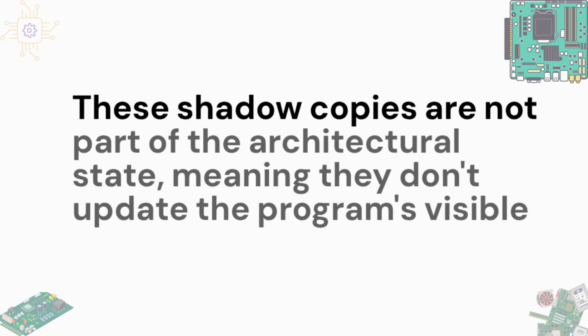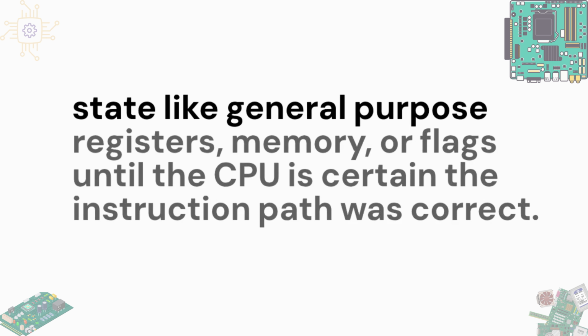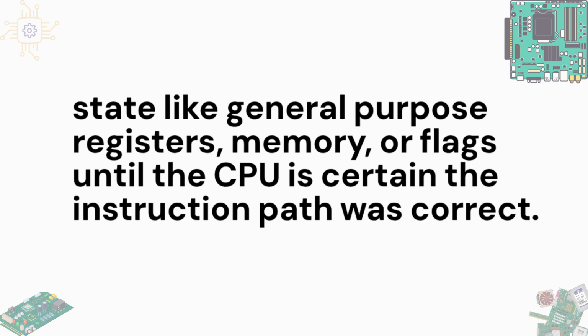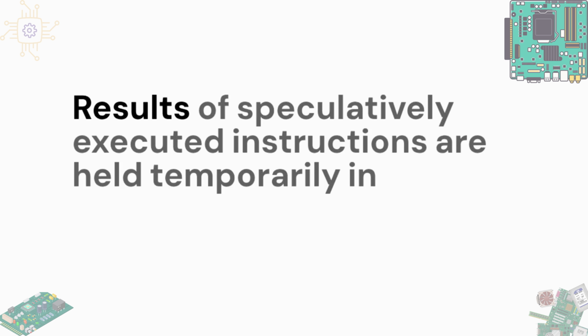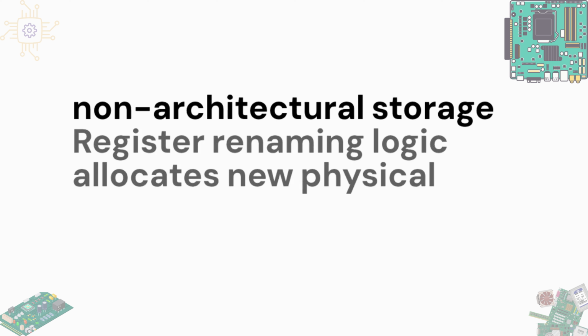These shadow copies are not part of the architectural state, meaning they don't update the program's visible state like general-purpose registers, memory, or flags until the CPU is certain the instruction path was correct. This happens in the reorder buffer. Results of speculatively executed instructions are held temporarily in non-architectural storage.